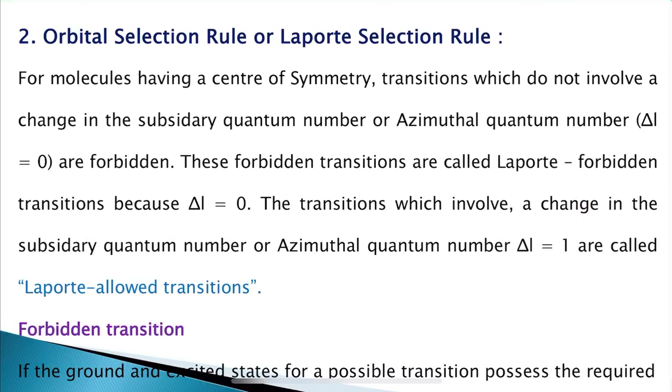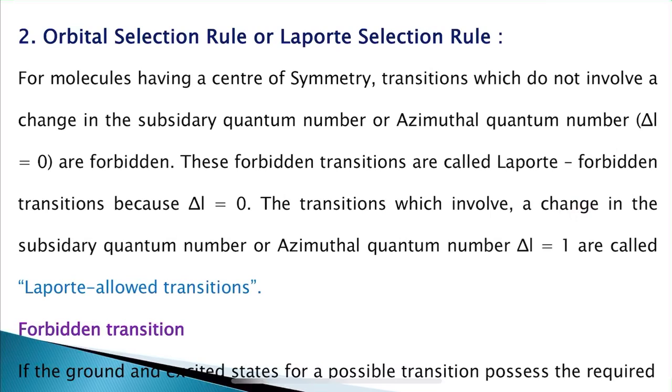What we have to observe is that when there is no change in the quantum number, especially for molecules which have a center of symmetry, those transitions are forbidden. Forbidden means such electronic transitions cannot take place.